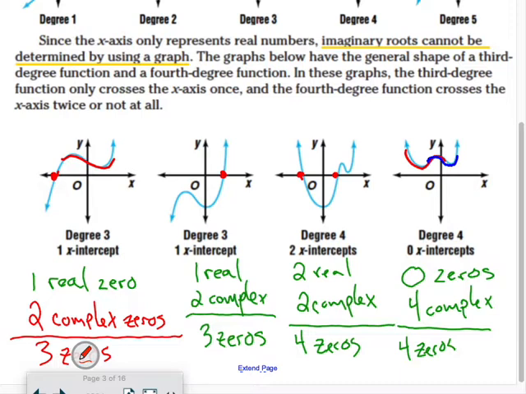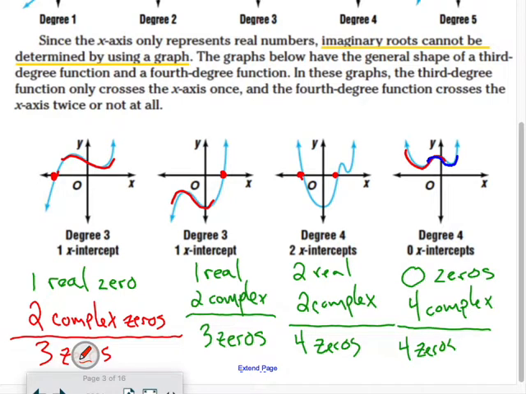That's the behavior. So if you have 1 real, then you have to have 2 complex, and that's a total of 3, right? Same with this one, it's just shifted below the x-axis, but you still have 1, and the concavity switches twice there without crossing the x-axis. We have complex zeros. They still total the 3.